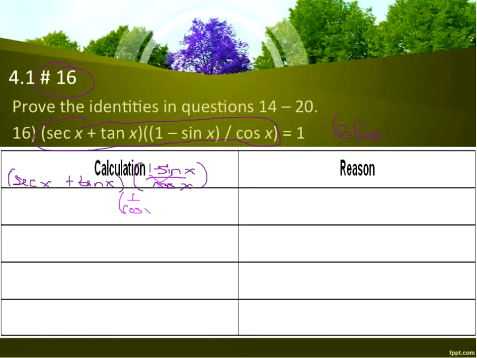So if I put my cosine under each part individually, I still have secant x, tangent x out in front here. So now let's write 1 over cosine x as secant x, and sine over cosine as tangent x.